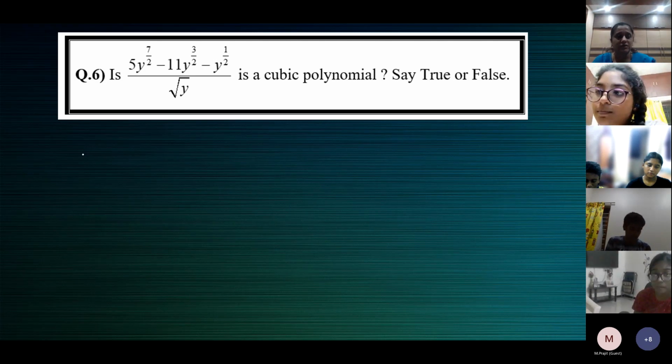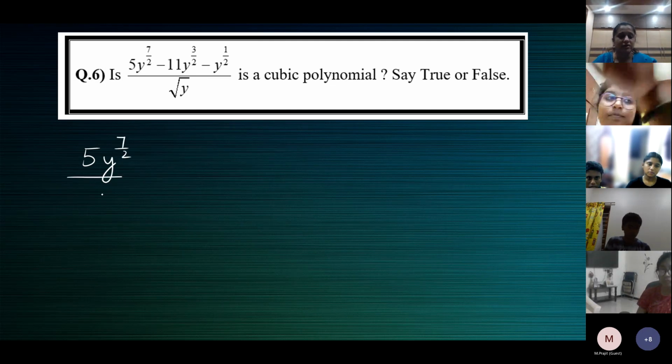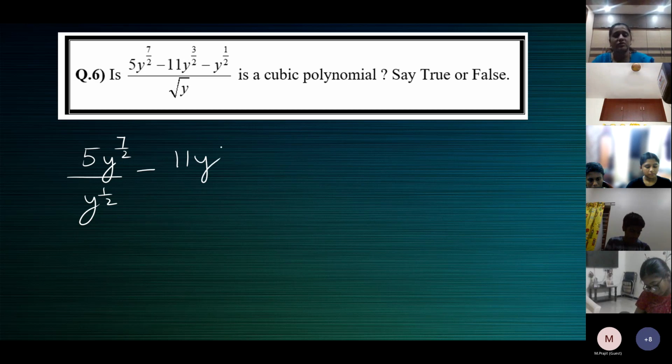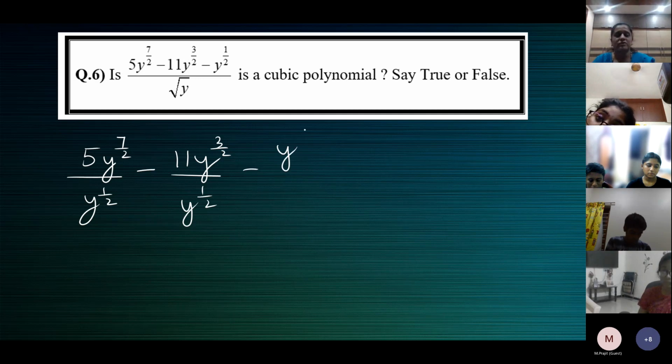So here this will be 5y to the power 7 by 2 by y to the power 1 by 2, because square root of y means y to the power 1 by 2, minus 11y to the power 3 by 2 by y to the power 1 by 2, minus y to the power 1 by 2 by y to the power 1 by 2.